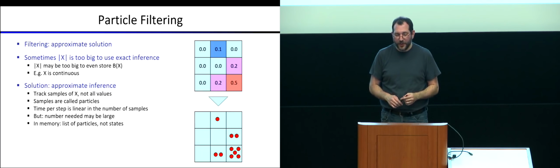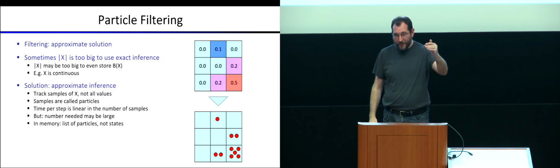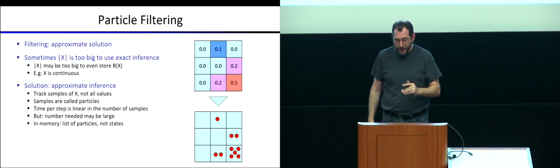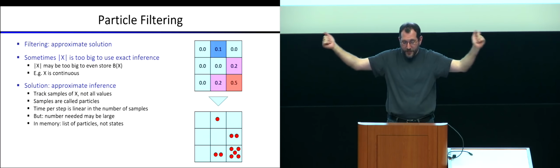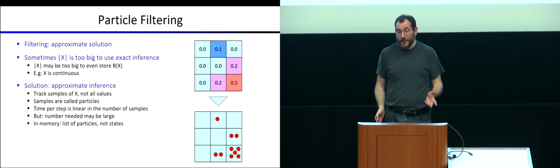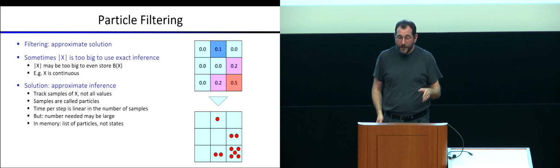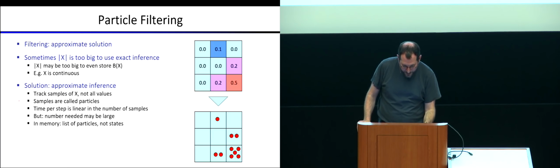So here's how particle filtering works. Rather than writing down belief distributions explicitly, where for every outcome x I write a probability, which is a vector of size domain of x, which could be very big, instead, I'm going to track samples of x. Maybe I track 1 million samples. Maybe I track 2. I'm going to track samples of x, not necessarily all values. These samples here are called particles.